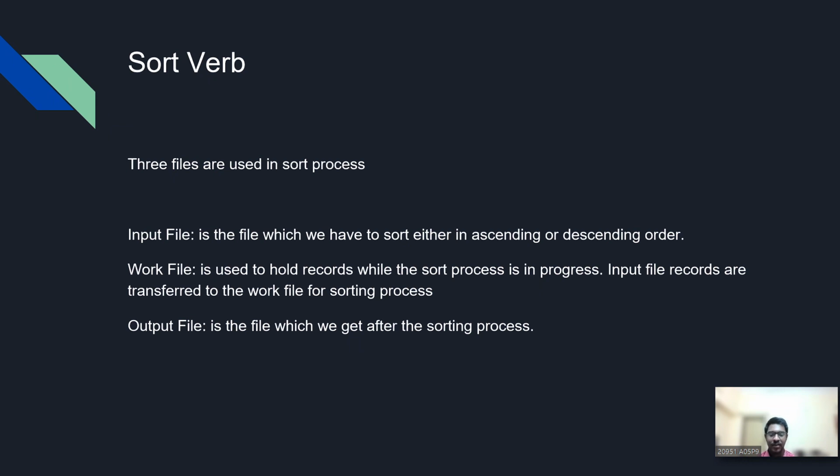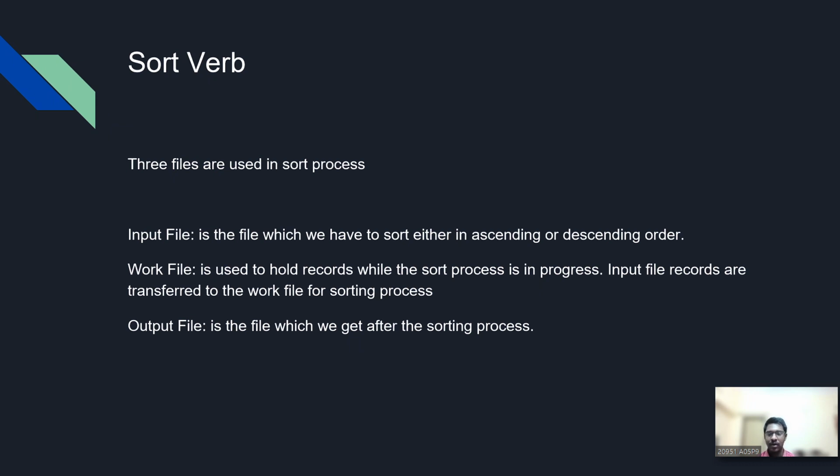The input file is nothing but the file which you feed into the program, and the program will create a work file, and in that work file it will sort the data in either ascending or descending order.